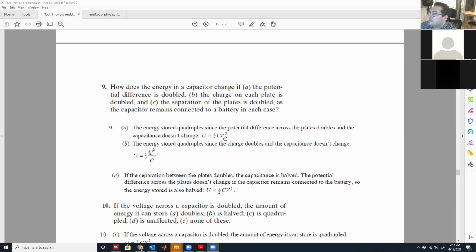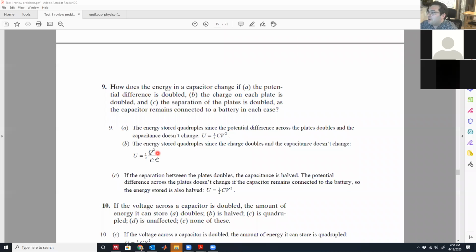Because it's V squared, so it quadruples, right?